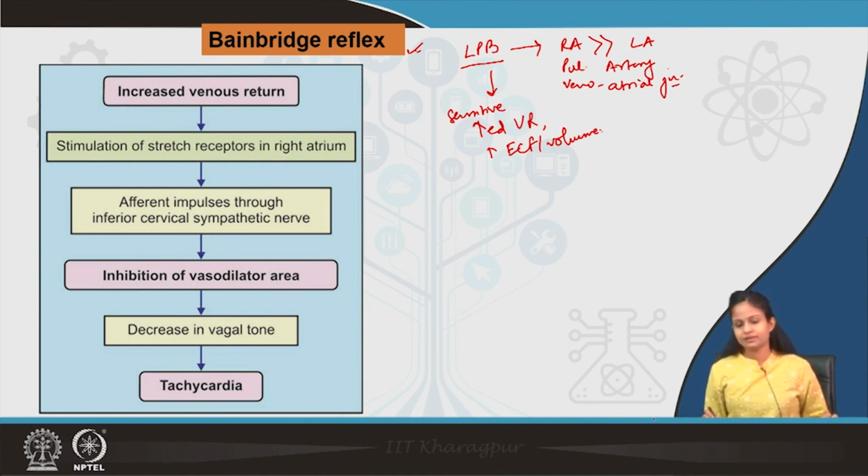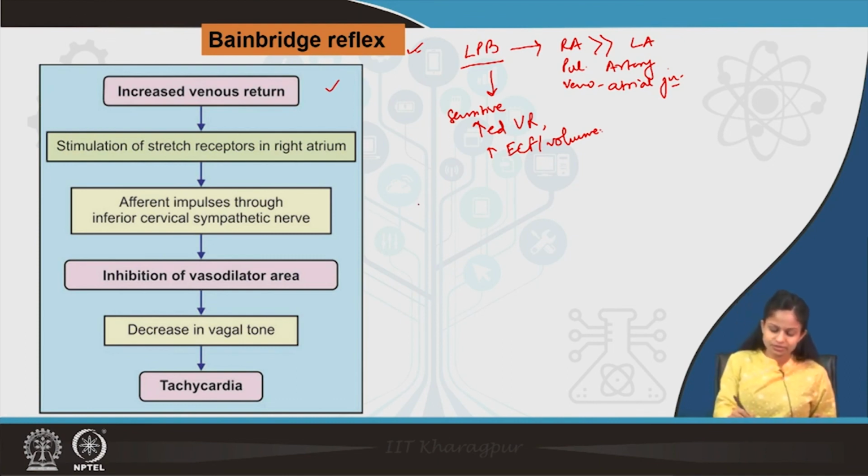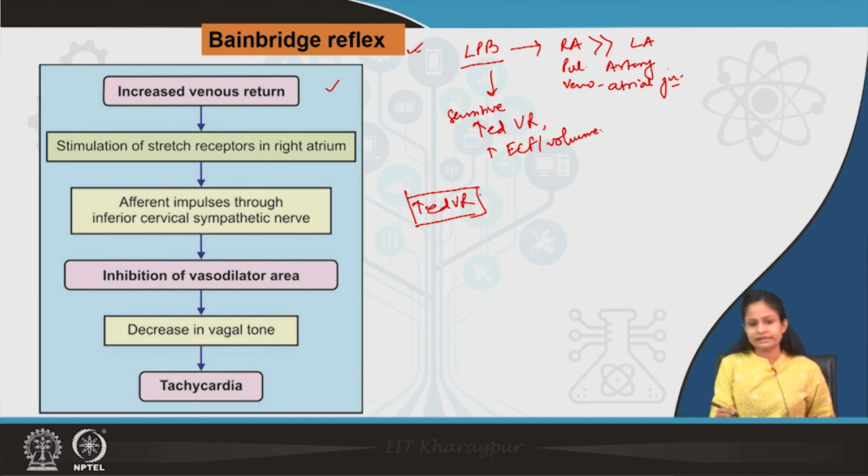So, what happens whenever we inspire? Whenever we inspire, or say whenever there is an increased venous return, this increased venous return can occur either because of the inspiration or because of infusion. Suppose I have infused lots of fluid to a person.